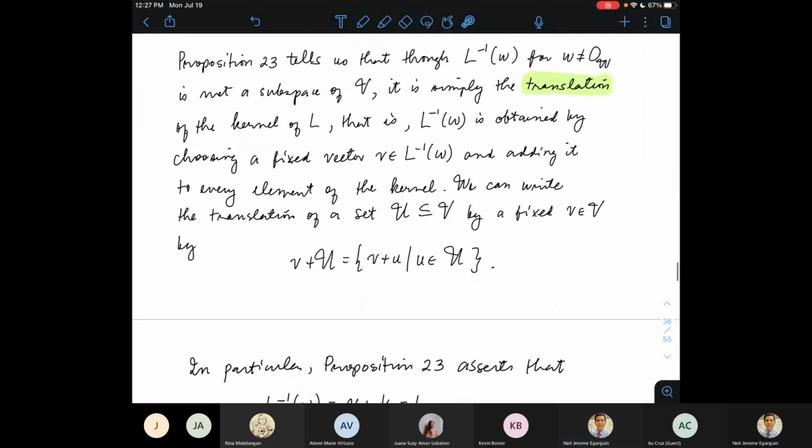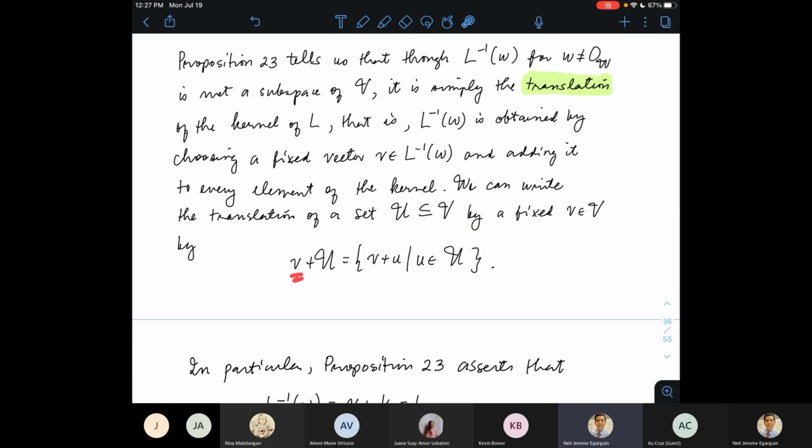Pero yeah, the translation of a function is usually used in several application areas. That's why we adopt a certain notation for the translation of a set by an element.